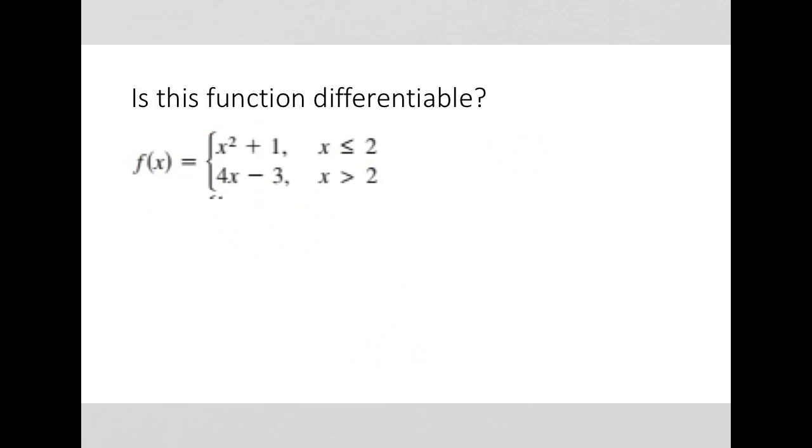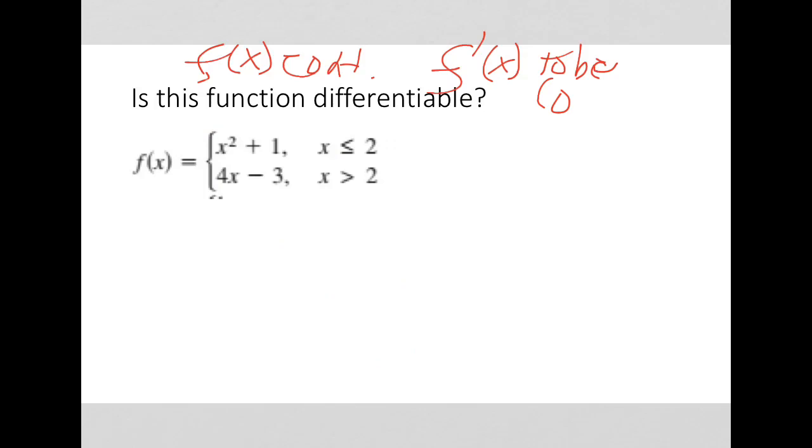X squared plus 1. So first off, we need two things here again. We need f of x to be continuous, and we need f prime of x to be continuous. So check the function first, because if the function is not continuous, then there's no way this function is differentiable.